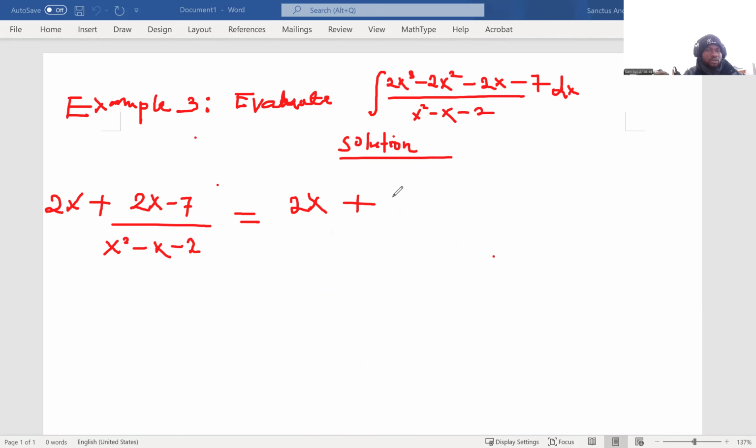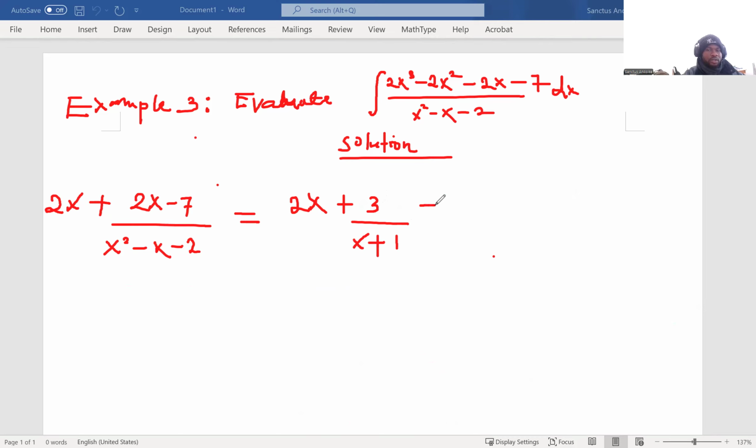Our A is minus 1. Let me put B first. So this B is 3, and under 3 we have plus 1.